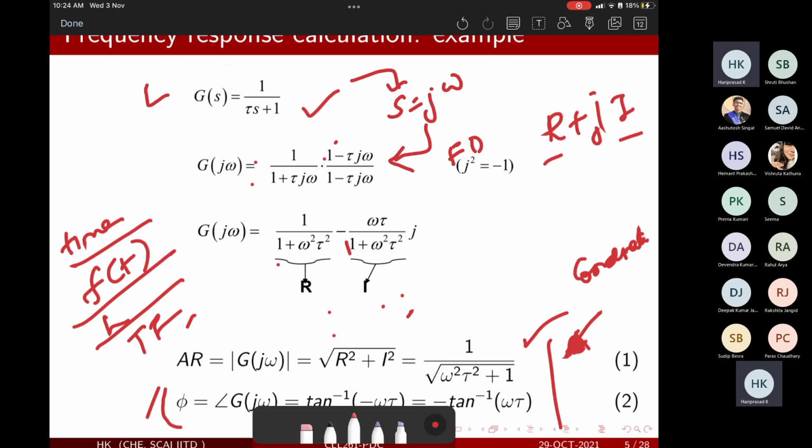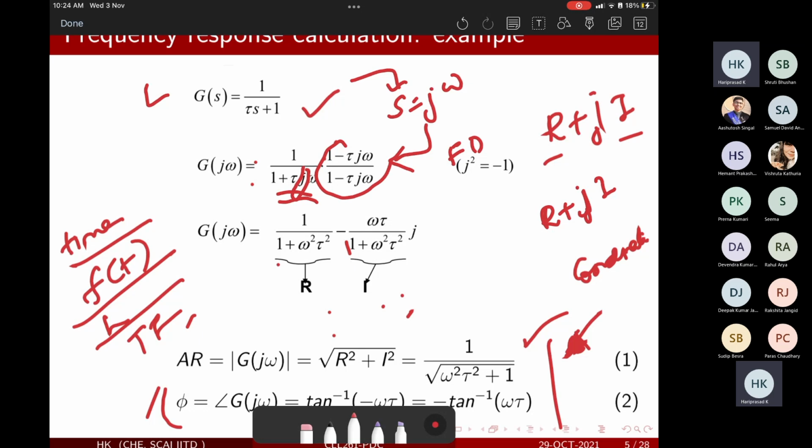But what you would really see here is that when you put s equal to j omega, there is a complex function in the denominator. So j is coming in the denominator, which is not the standard complex form. It should be r plus j i, where j indicates the complex number.